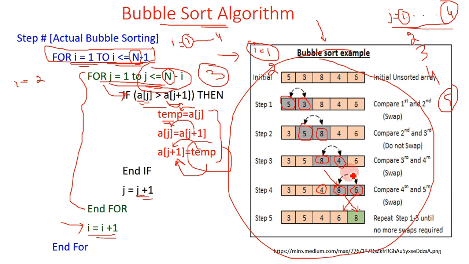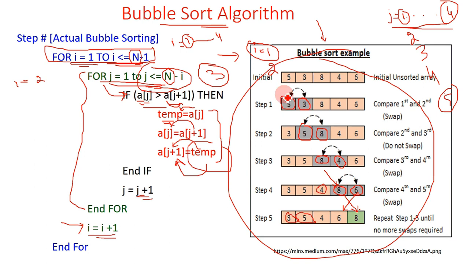The comparison will be done 3 times, and again the comparison will start from the first location. The first and second values will be compared, then the second and third, then the third and fourth, and so on.